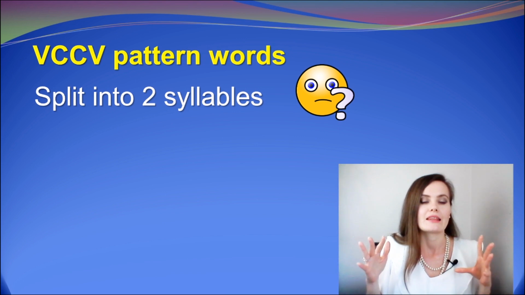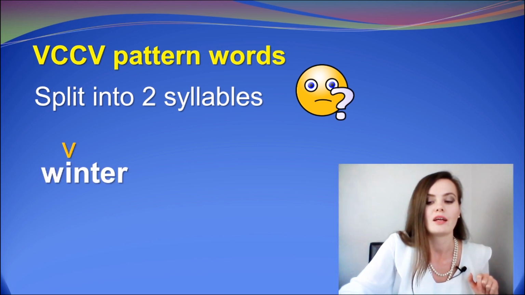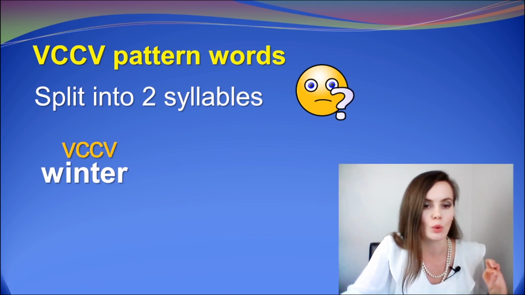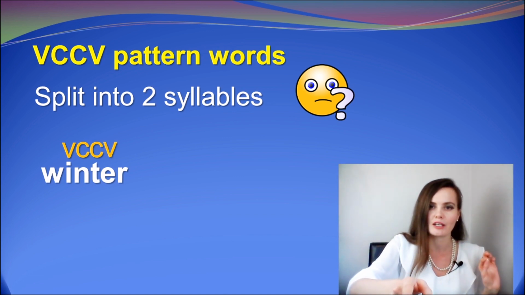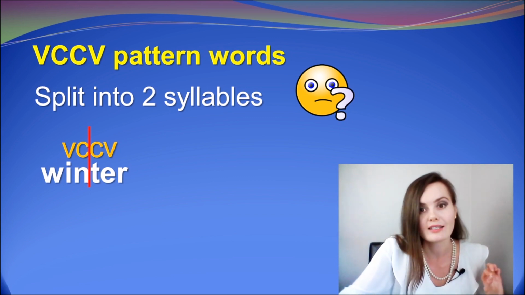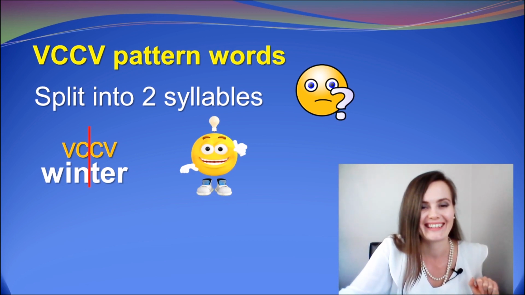Okay, so then we moved to the VCCV pattern words, and we thought about how to split these words into 2 syllables. So what we found first was the vowel and wrote V above it. Then we found the consonant, consonant, vowel. So where do we split it? You tell me? Yes, we split it between the consonants. Yes, here you go.